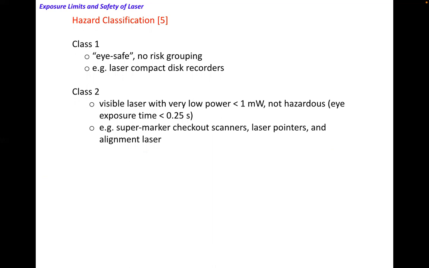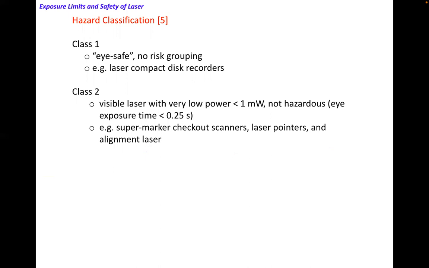If your skin is hit by a laser, class 1, no worries, don't worry, it's okay. But for class 2, so category, hazard classification, class 2, visible lasers with very low power, less than 1 milliwatt, it is not hazardous to the eye if the exposure time is less than 0.25 seconds.